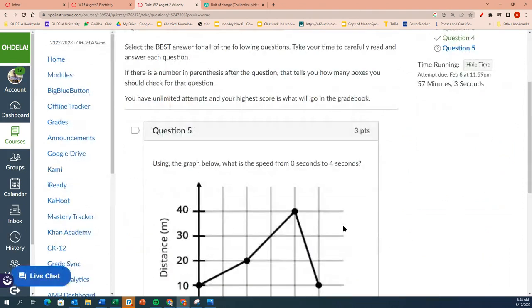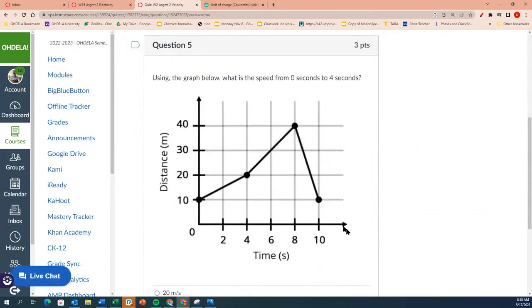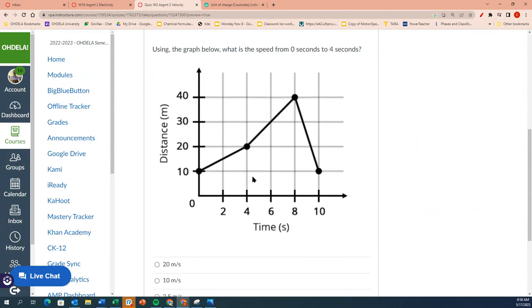And the last question, using the graph, what is the speed from 0 seconds to 4 seconds? What is the speed? Right, so it goes from 10 to 20. It starts at 10 meters and goes to 20 meters.